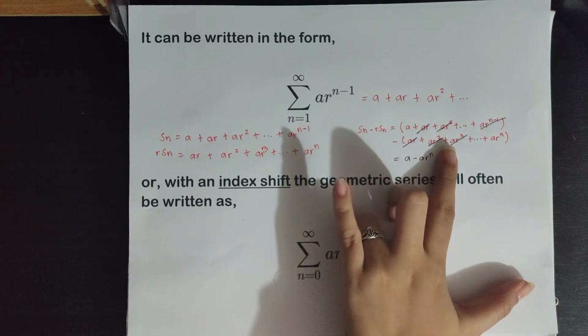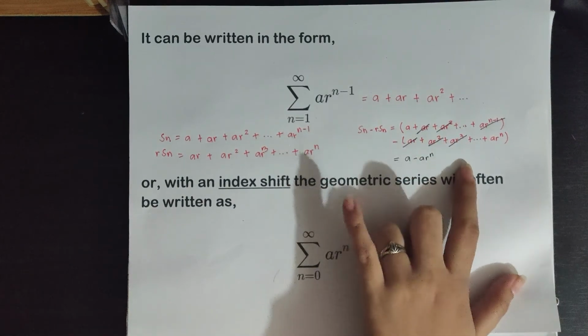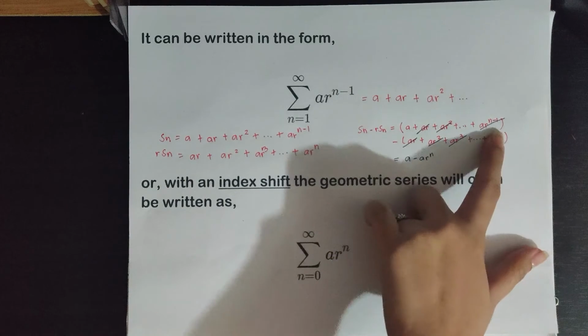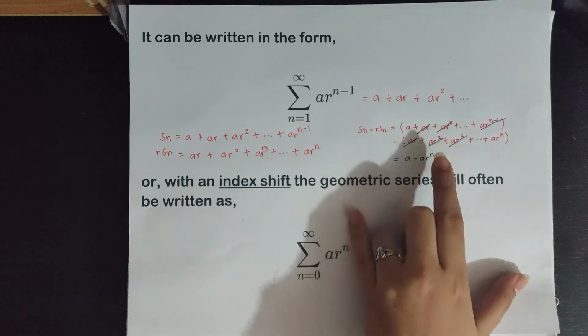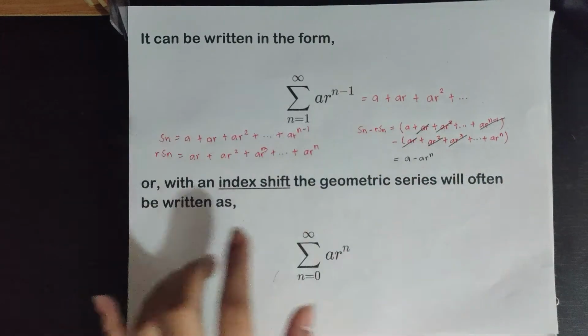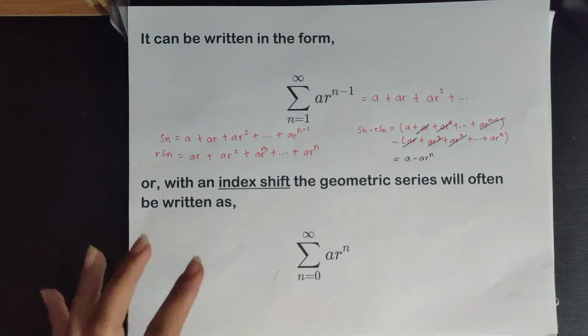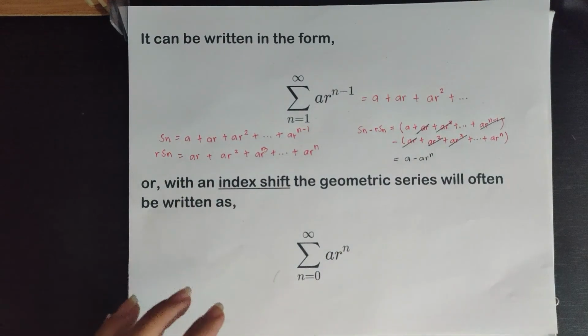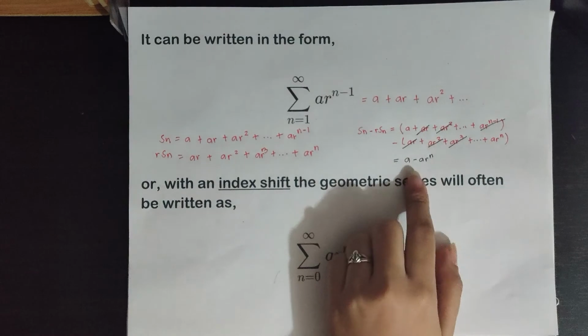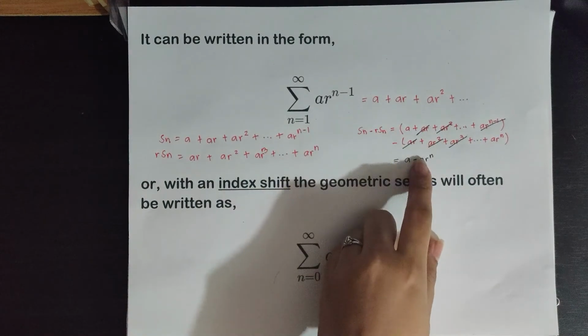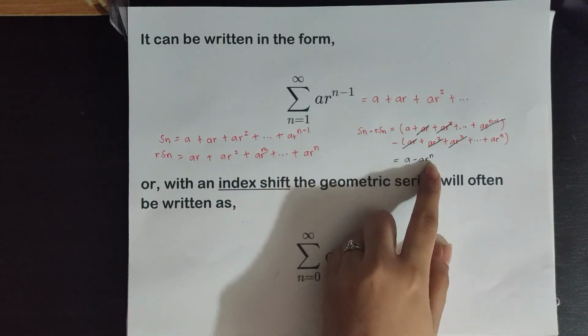And finally, in the dot dot dot, there is a subtraction of ar to the n minus 1, so that cancels. So what do I have left here? The only thing remaining is a minus ar raised to n.